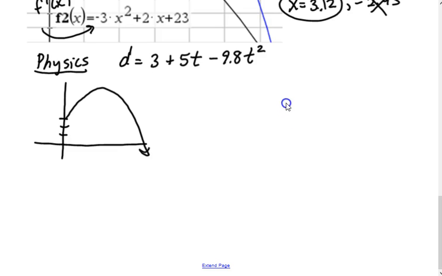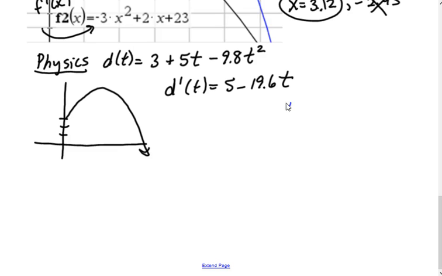So if I want to find the first derivative, d prime, and we would actually call this d of t and d prime of t because my input variable is time, I would get 5 minus 2 times 9.8, which is 19.6 t.